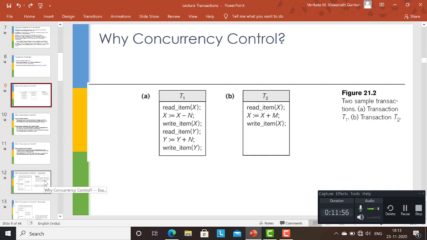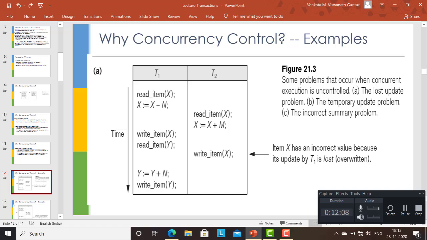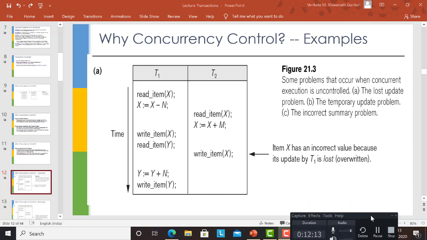Now let's see some cases where, if we are not having the isolation requirement in our interleavings, what kind of problems can come up, right? Okay, so let's say that these two transactions were executing in an interleaved fashion, and this was the interleaving which got created.